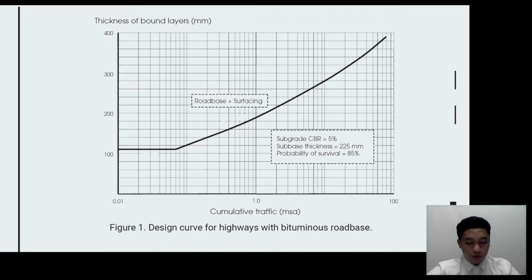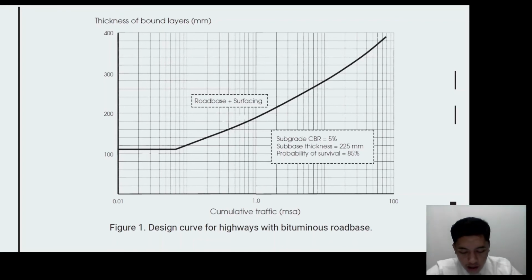Figure number 2 shows the design curve for highways with mixed road base. We see two curved lines in this graph for the road base and the surfacing.